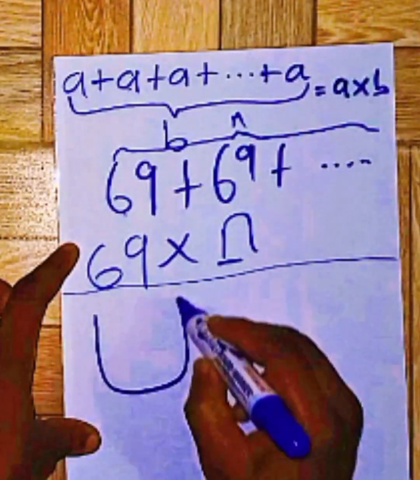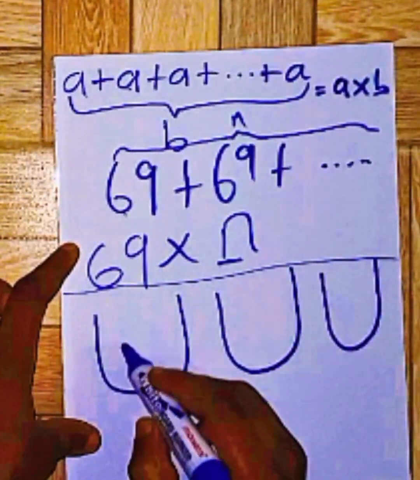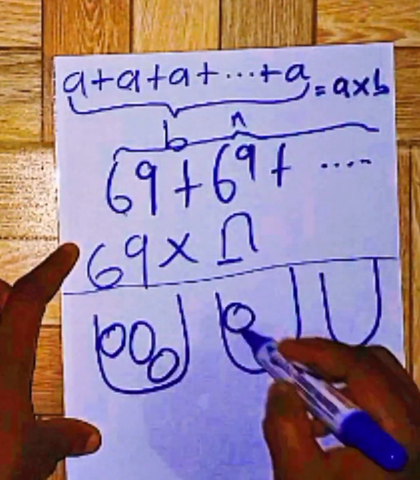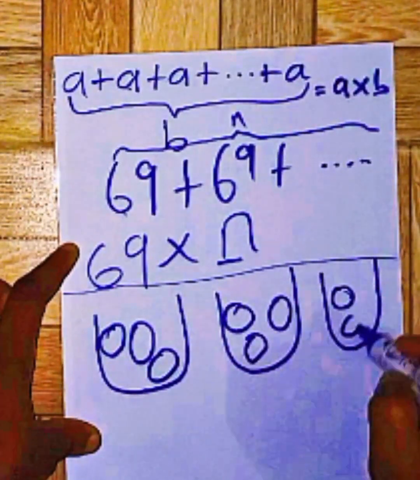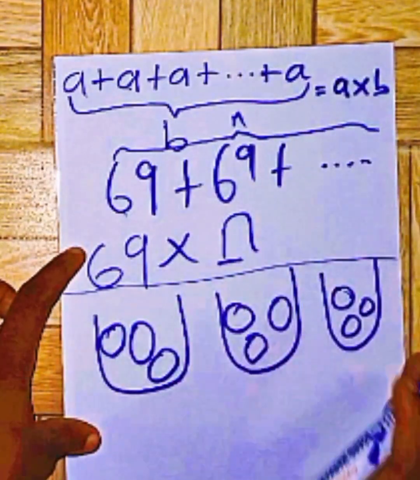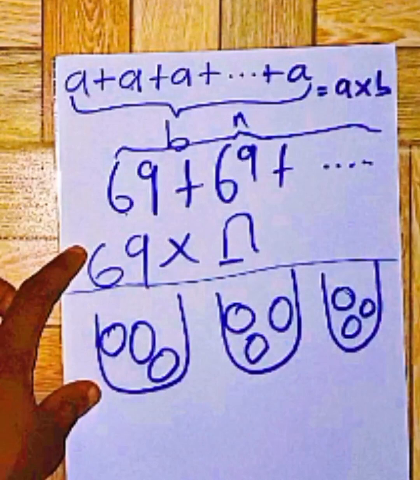Let's say you have a bucket and another bucket and another bucket, and these buckets contain 3 balls each. Okay? And now you want to know how many balls in total there are. What you need to do is to use the operation multiplication.